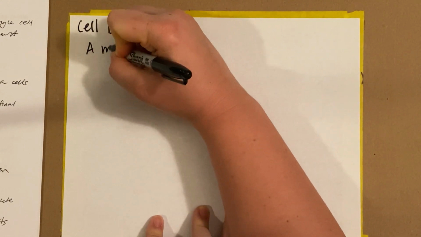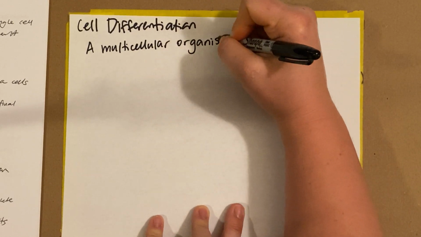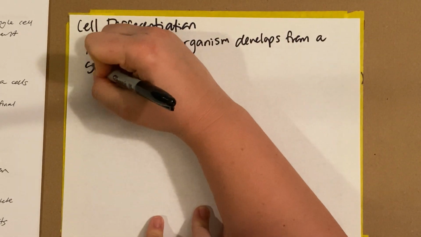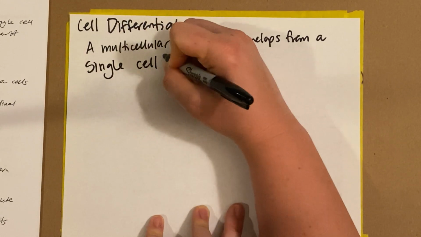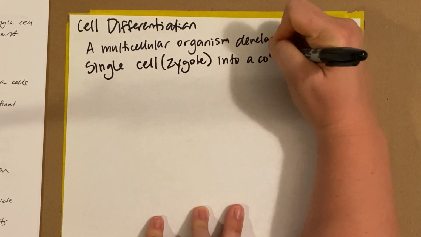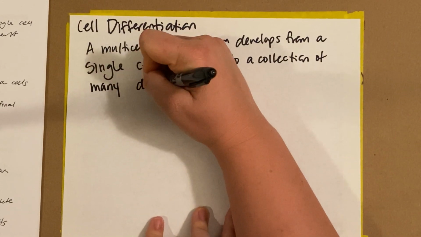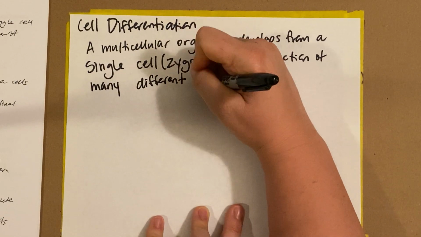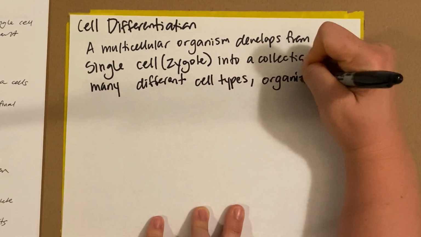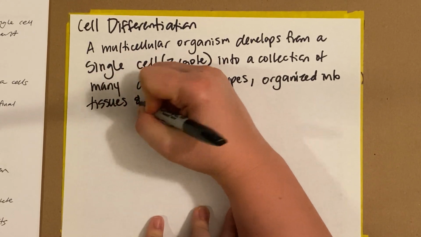Okay, so a multicellular organism develops from a single cell, remember that's a zygote, into a collection of many different cell types organized into tissues and organs.